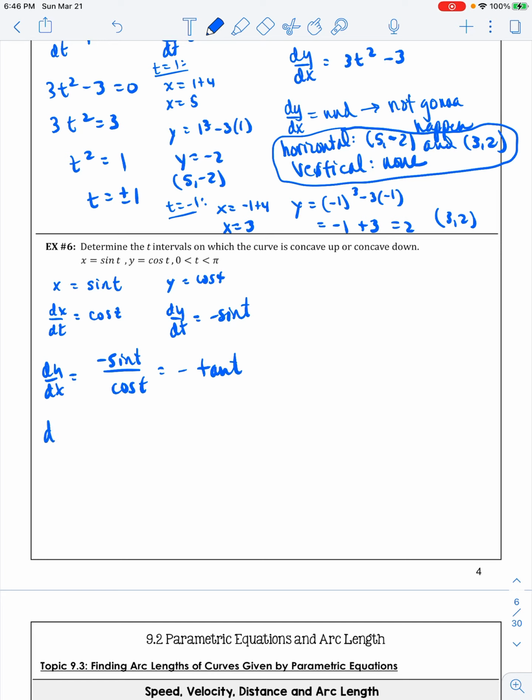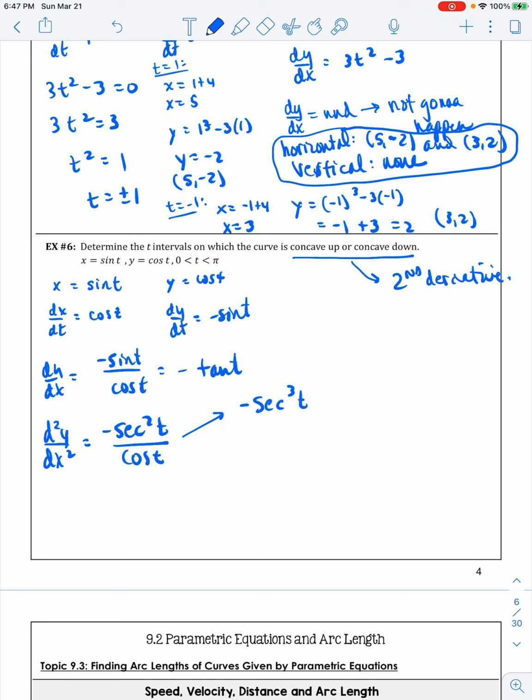If I want to find concavity intervals, I should be thinking of the second derivative. I just took the first derivative, now I need to find that second derivative. That's going to be the derivative of negative tangent t, which is negative secant squared t, divided by dx/dt. There are two ways you could simplify this.